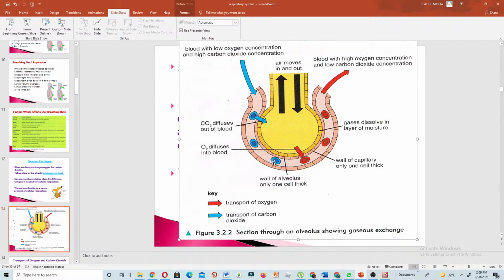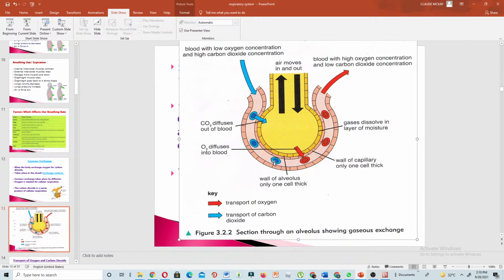This carbon dioxide might be coming from some muscle cells. It might be coming from your brain, for example, because if the cells of the brain release some carbon dioxide, then it needs to come out of the human body. How it's going to come out is by the circulatory system taking the carbon dioxide all the way from your brain to your respiratory system, which is inside the alveolus there, so that it can be exhaled out of the human body.